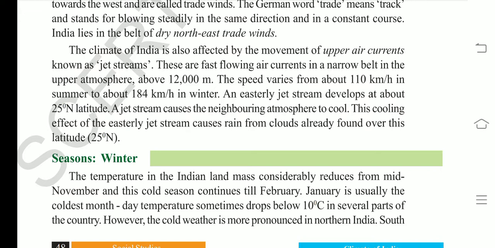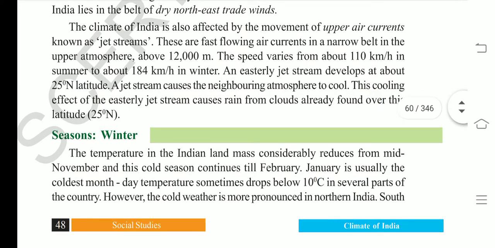So the jet streams will bring down the temperature of neighboring places around 25 degrees north latitude. Here we see that jet streams are bringing change in the climate of a place, so it is called a factor of the climate.